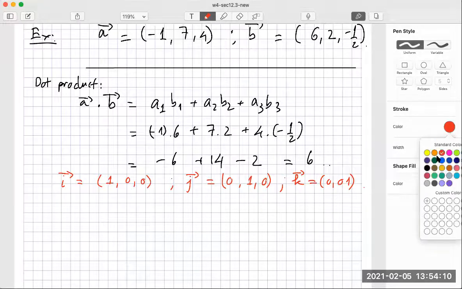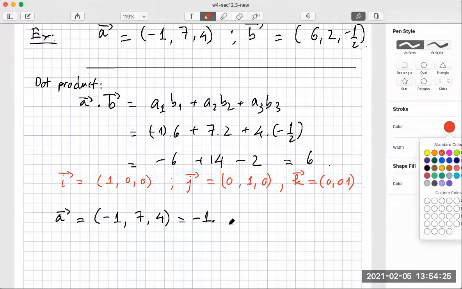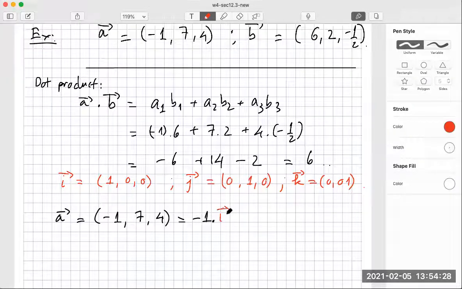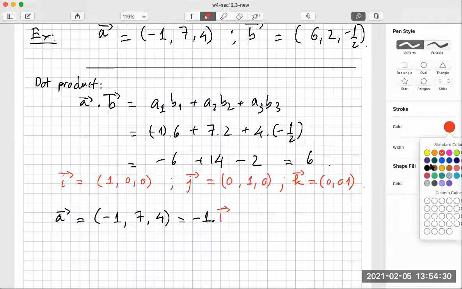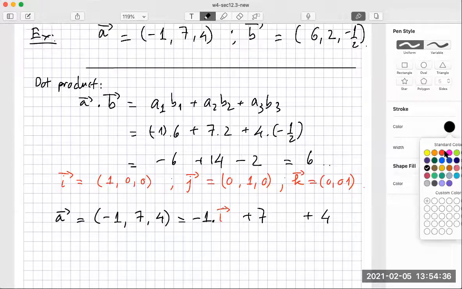So it means that any vector A here, we can write as a sum of the three basic vectors, the unit vectors, which is -1i plus 7j and 4k, right?